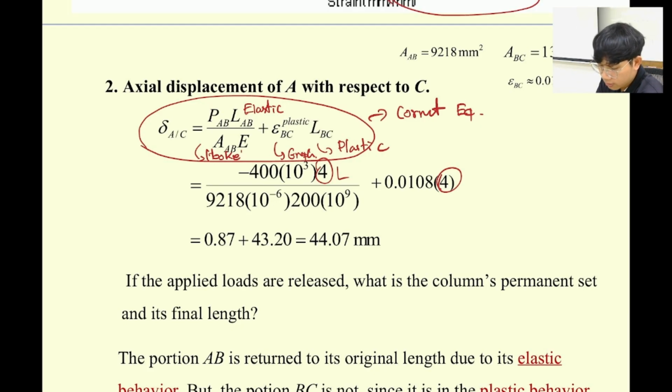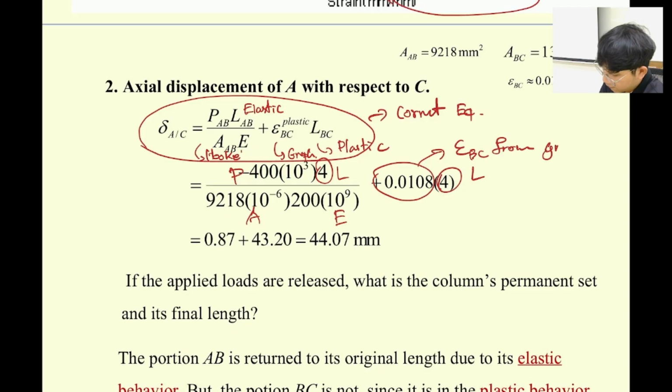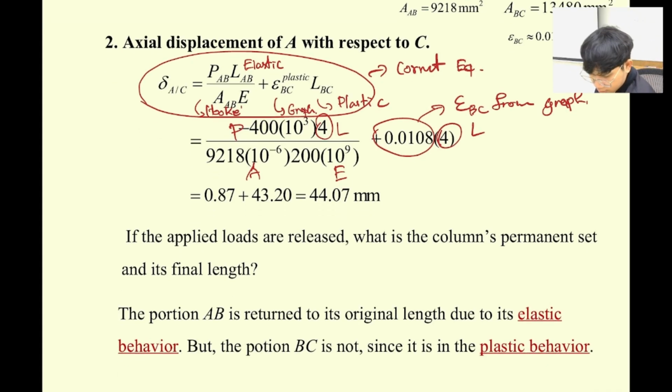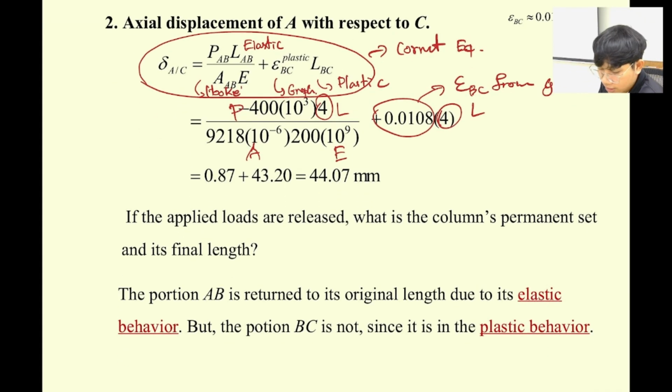This one is L, 4 meters, and this one is P, this one is A, and this one is E. This one is strain BC from the graph. All right. After we put everything together, we're going to get a deformation of 44.07.